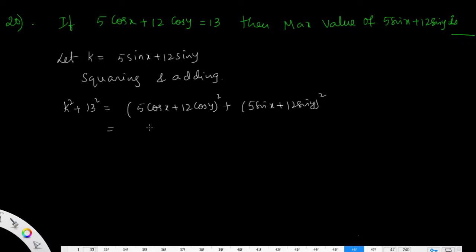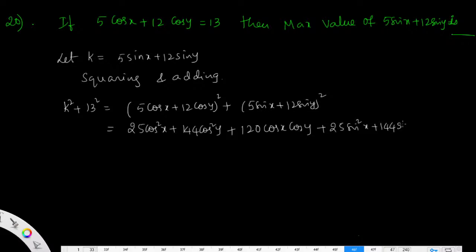Now substitute: 25 cos square x plus 144 cos square y plus 120 cos x cos y, plus 25 sin square x plus 144 sin square y plus 120 sin x sin y.